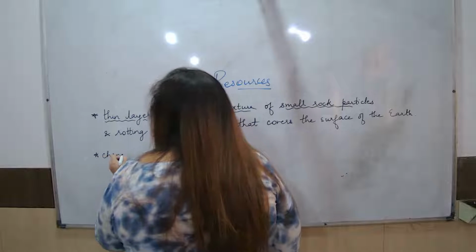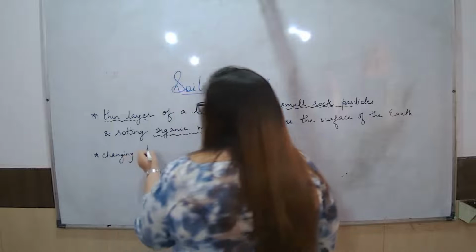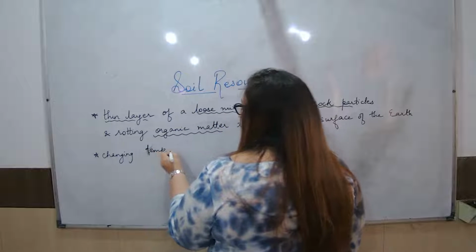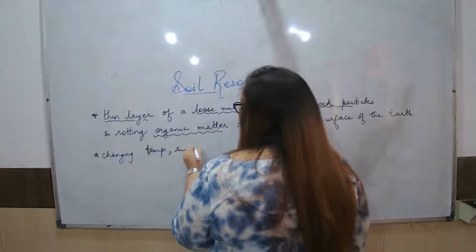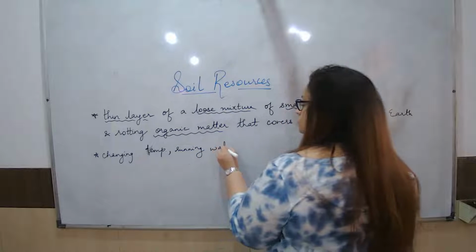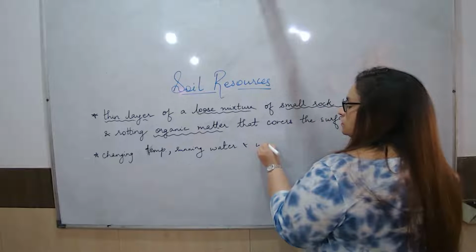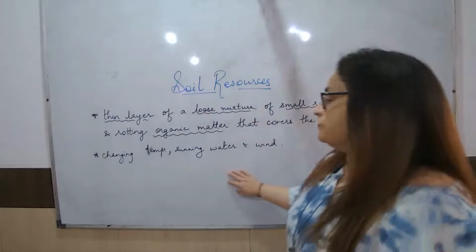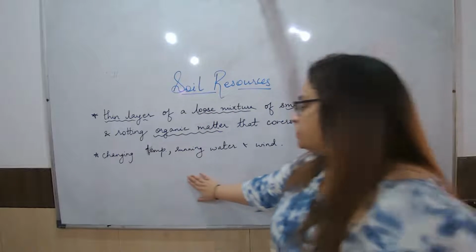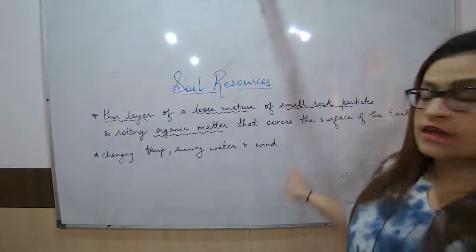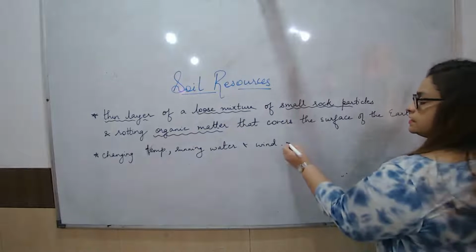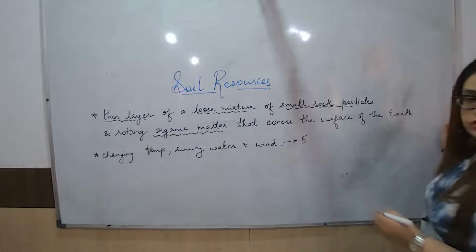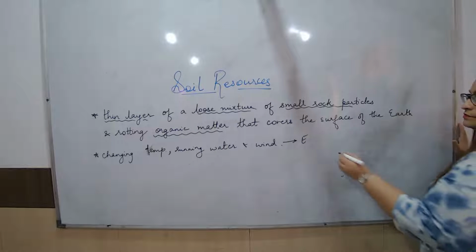Changing temperature, running water, and wind. So what are these? These are the factors that affect the formation of the soil, or in other words, they are all factors that lead to erosion.